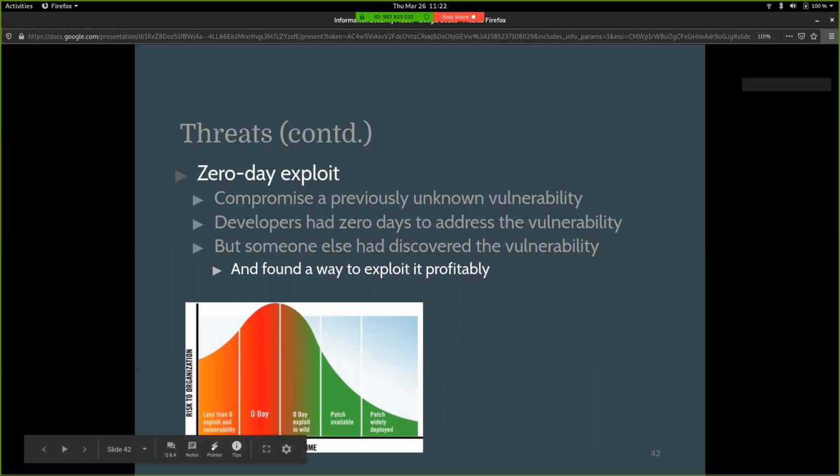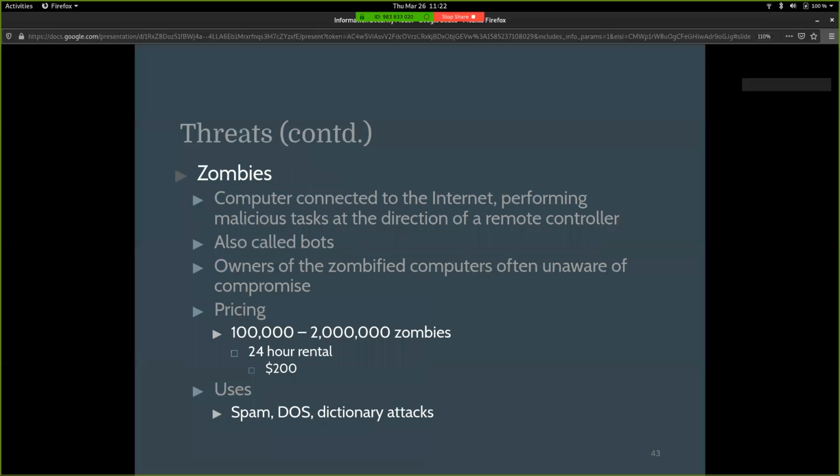So these are ones that are critical in nature, and there's a high likelihood that they could actually be exploited. And these are ones where they're not necessarily discovered by the software vendor, but someone else has discovered the vulnerability and potentially exploited it already. So now you've got to work extra fast in order to produce a patch or some sort of other way to mitigate the risk, which has happened in the past.